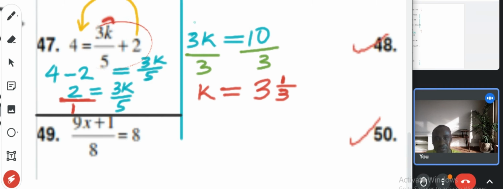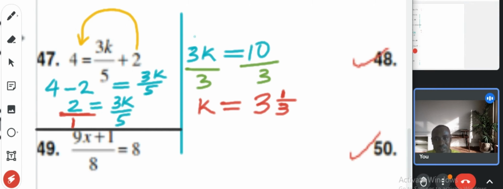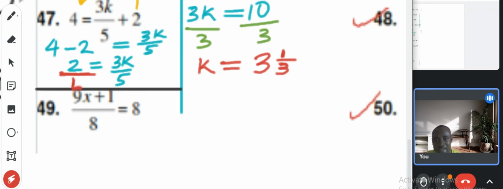These ones are separate. Can you see this one I'm circling? This is 3k over 5, separate, before plus 2, separate. That's why we had to move 2 to the other side first, before we started. But this one, 9x plus 1 are together over 8.